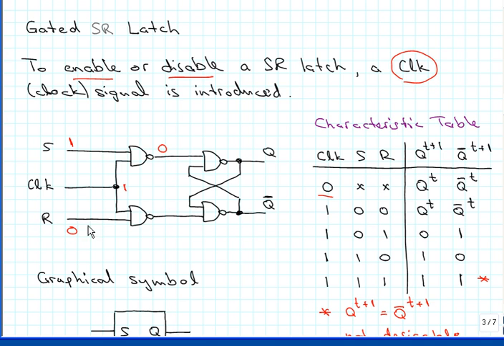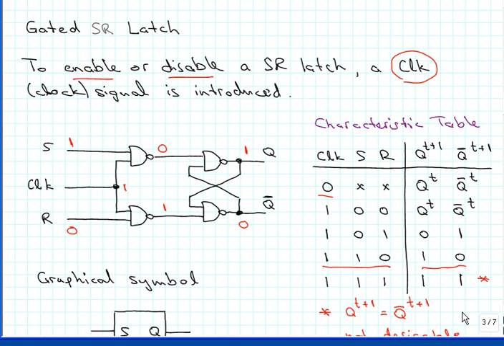We have a 0 at the reset input that will create a 1 here. And so now we're back to the case where we have the inverse of the set to 0, and that will create a 1 at the output here. And the 1 together with this one will create a 0 here, and so we actually set the latch. So that's the line that we have down here.